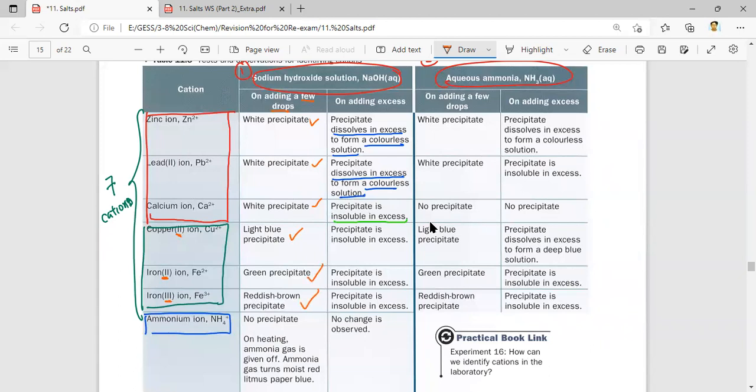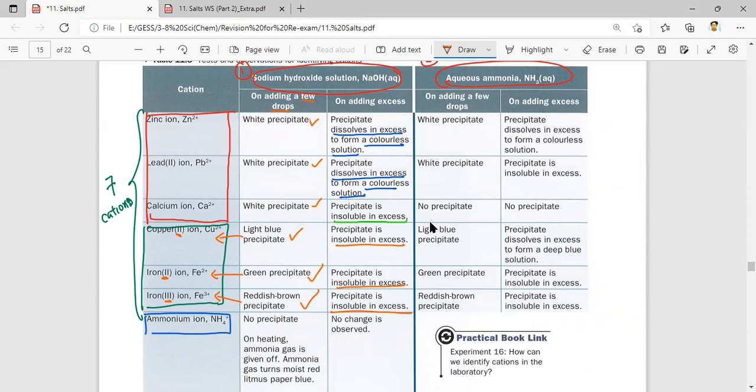The colors are very distinct. If you see blue, confirm copper. If you see green, confirm iron 2. If you see reddish brown, confirm iron 3. When you add excess, all of them are insoluble in excess. This is the observation if you have copper 2, iron 2, or iron 3 ions in a solution when you add sodium hydroxide to it.